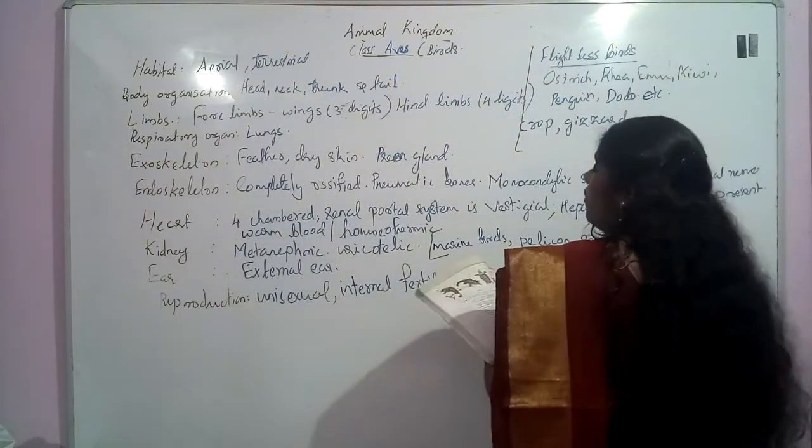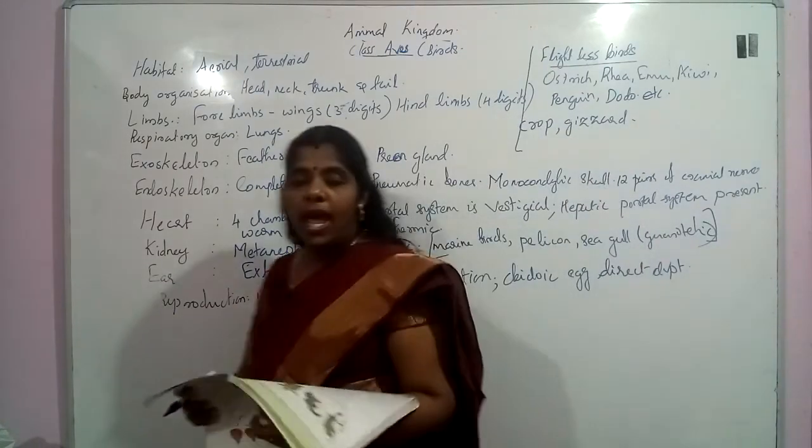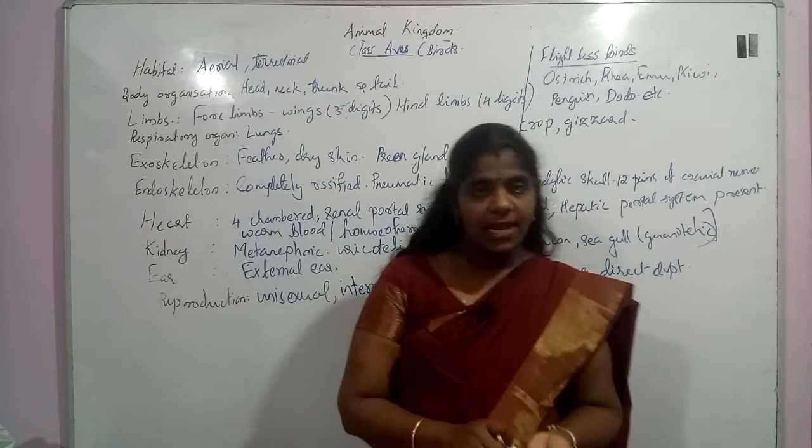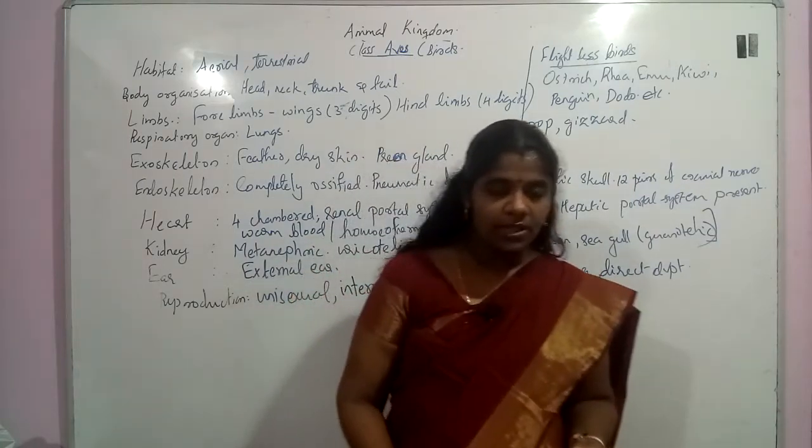Okay, so there are flightless birds also, and we can see some more general points about it. I'll just say that you just note it down if it is required.